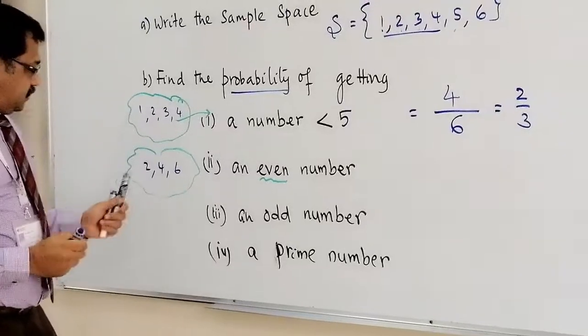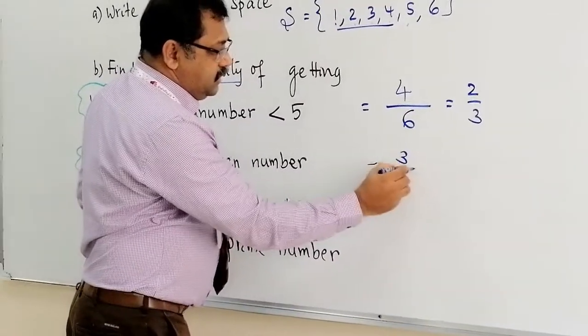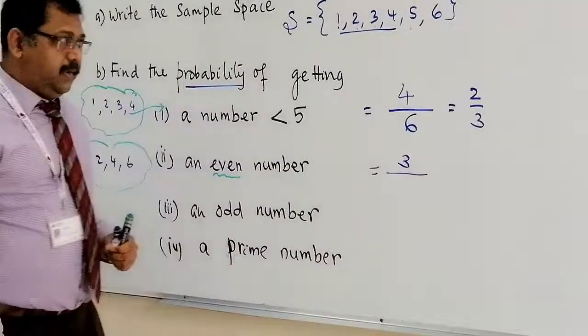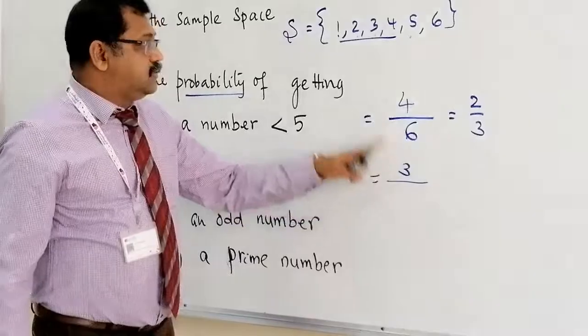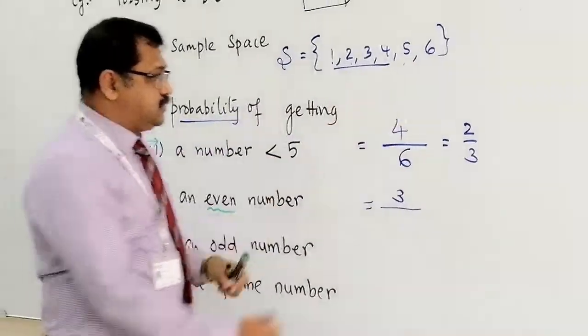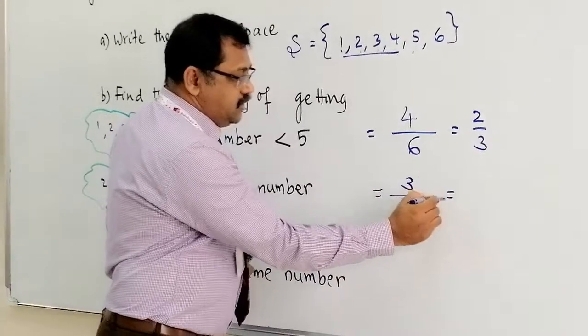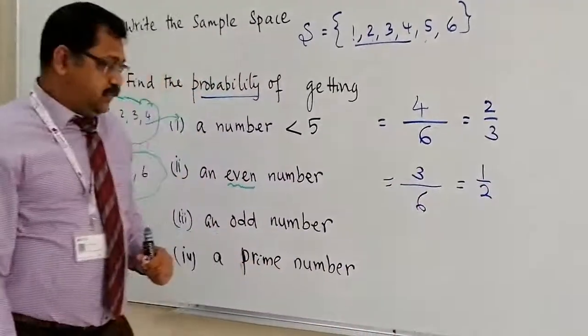There are 3 even numbers. So we write the probability as 3 divided by, there are 3 even numbers, so 3 divided by the total elements in the sample space, that is 6. So we write it as 3 by 6, simplified as 1 by 2.